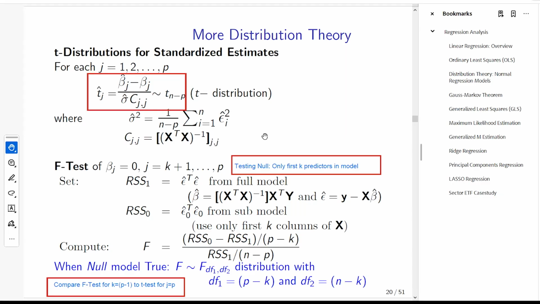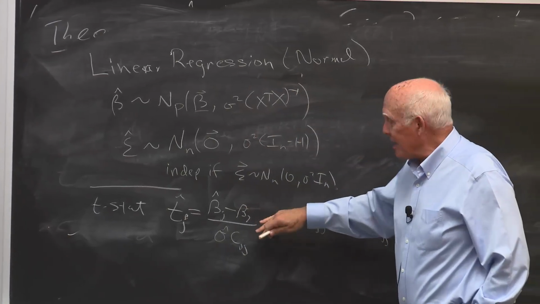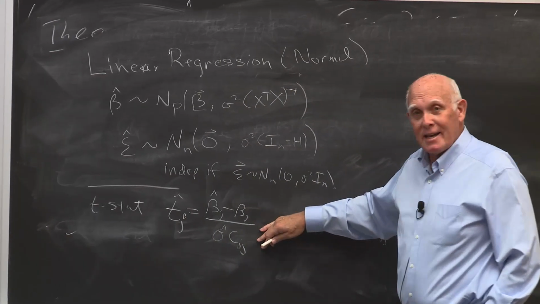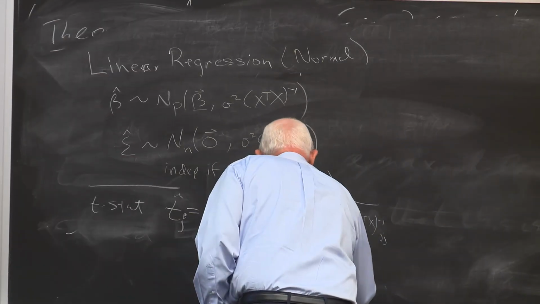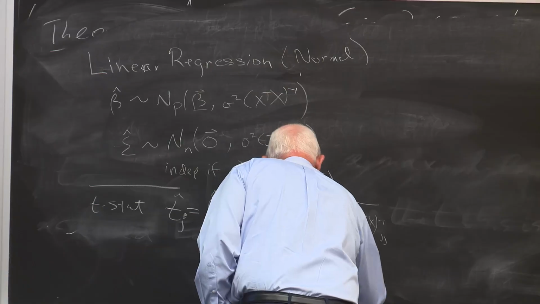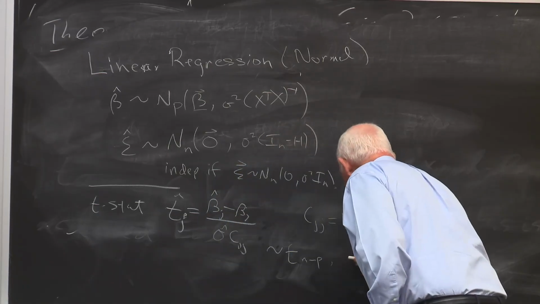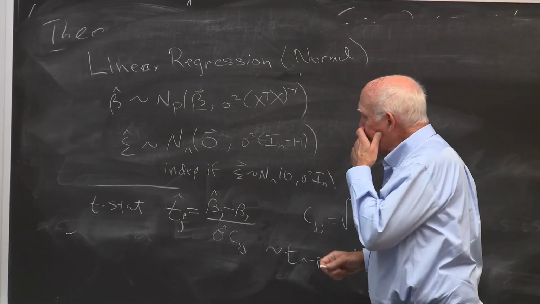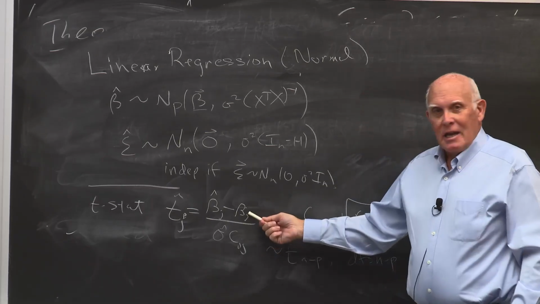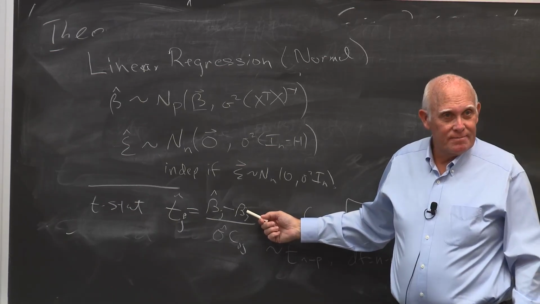And this formula, under the normal linear model, has a t-distribution. So this is distributed as a t-distribution with n minus p degrees of freedom. And this is true if we plug in the true beta j.